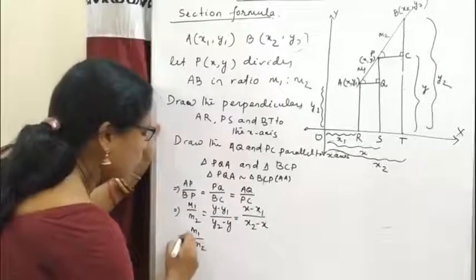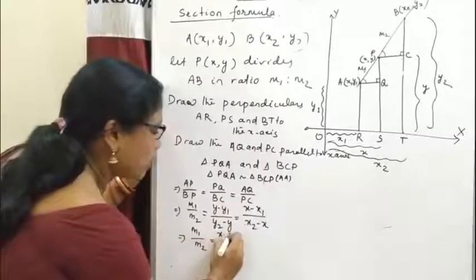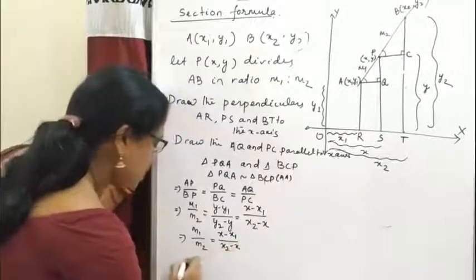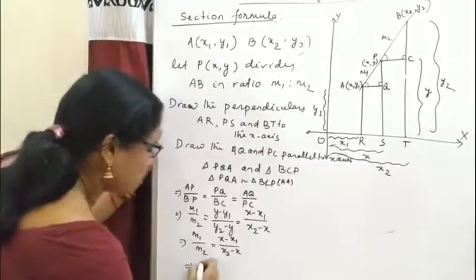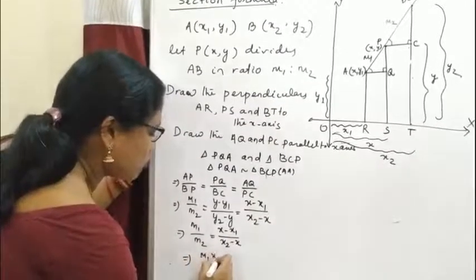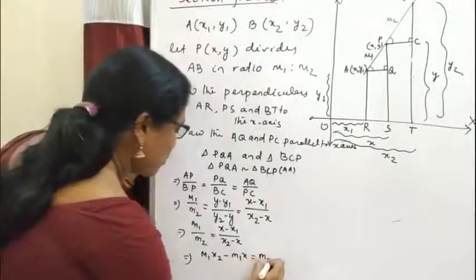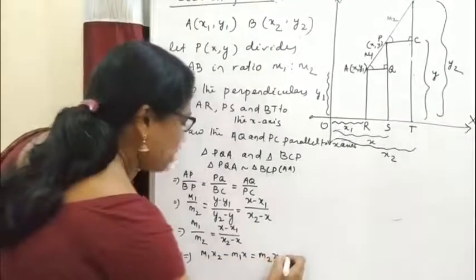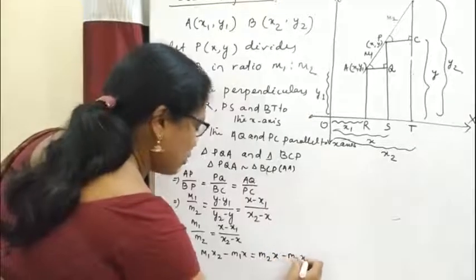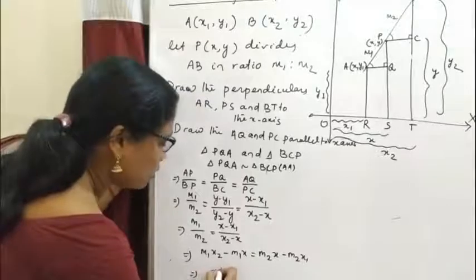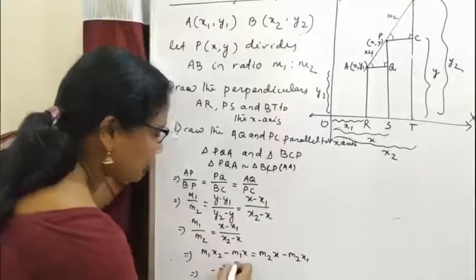So from here, m1 by m2 is equal to x minus x1 by x2 minus x. By cross multiplication, m1x2 minus m1x is equal to m2x minus m2x1.